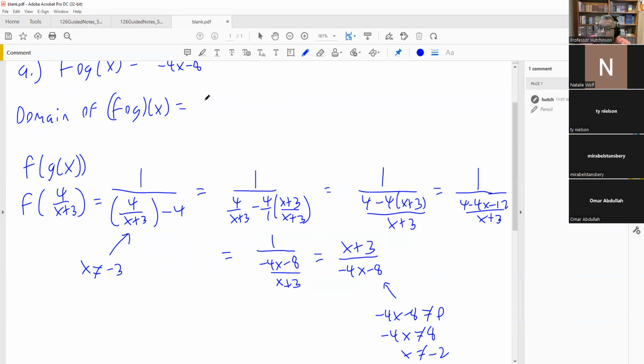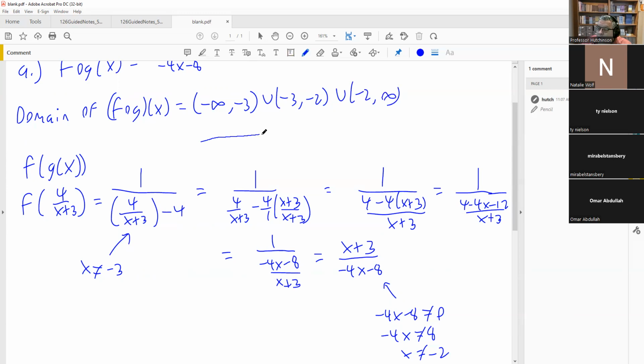So I put that back into here. I want to write this in interval notation. I have negative infinity to negative 3, then between negative 3 and negative 2, and negative 2 to infinity.